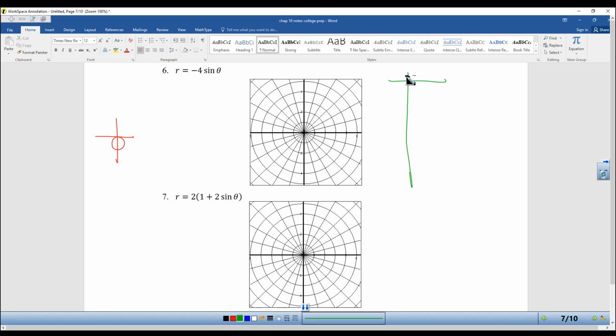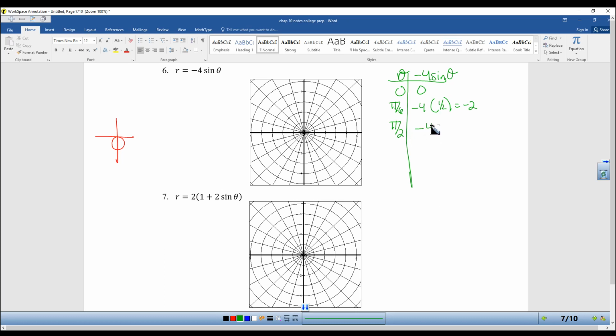So I make my table, theta, and then -4 sine theta. So I start with 0. Sine of 0 is 0. Pi/6, -4. Sine of pi/6 is 1/2, so it's -2. I'm going to try to get away with not doing pi/3 or pi/4, and I'm going to try skipping to pi/2 and seeing if I can see the shape.